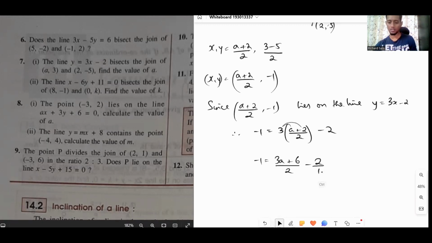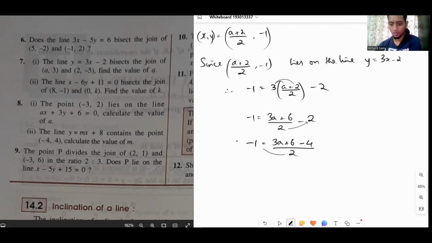So the shortcut method is how? 2 into 2. Yeah, this 2 multiplied with this 2, whole divided by 2. So that's (3a plus 6 minus 4) whole divided by 2. Now we can take the 2 here because it's whole divided by. One minute. So 2 will go and multiply that side.